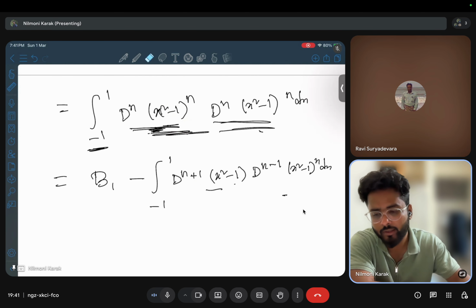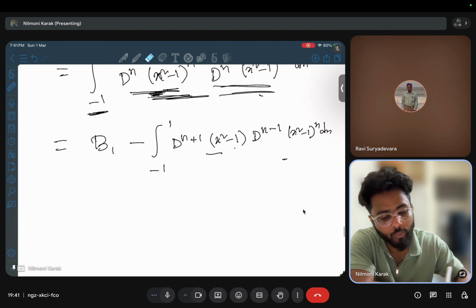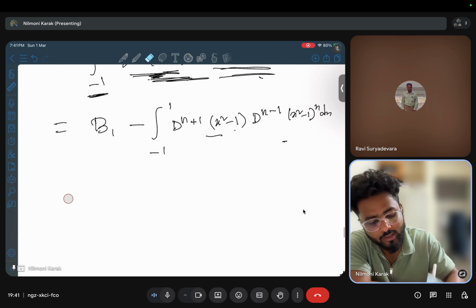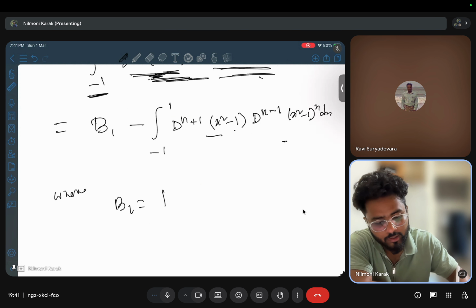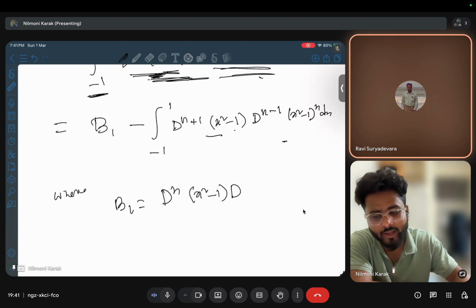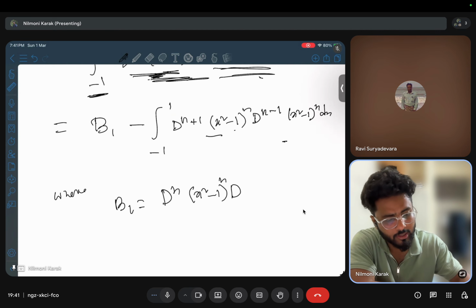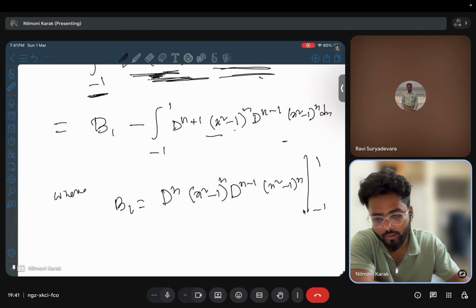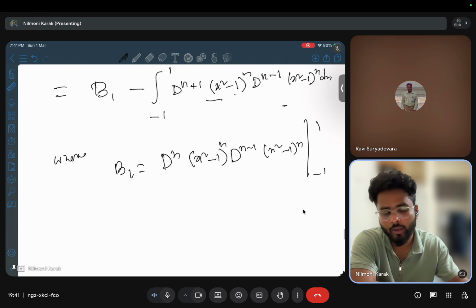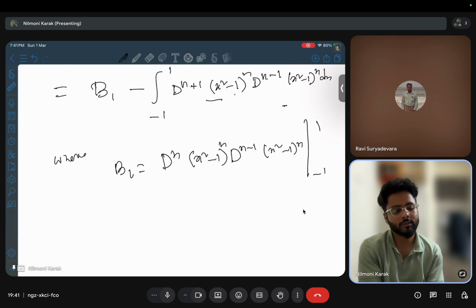Got it. But what is the boundary term b1? It is d^n (x square minus 1)^n times d^(n minus 1) (x square minus 1)^n, evaluated from minus 1 to 1. How to calculate this?